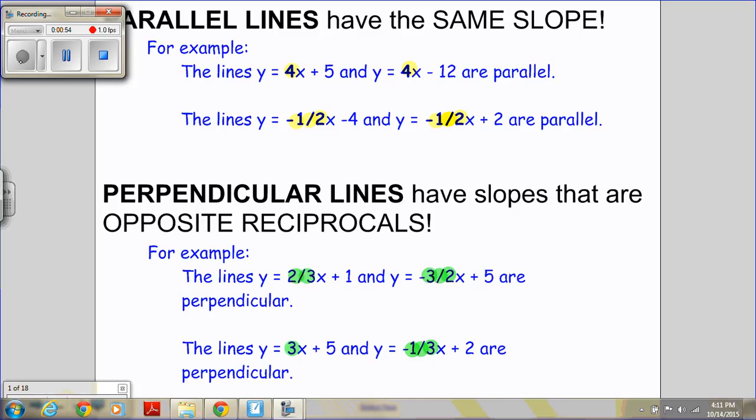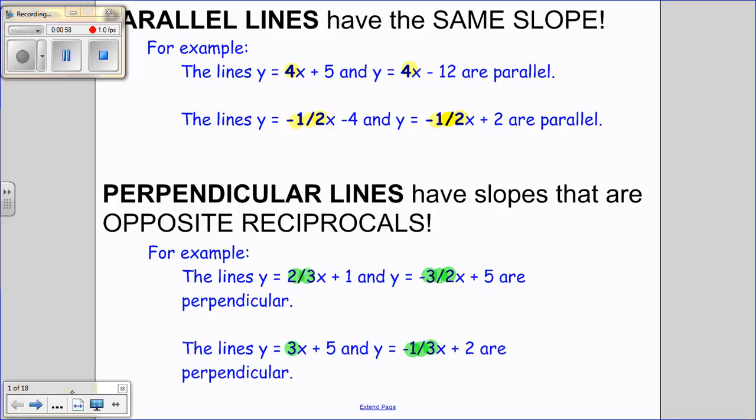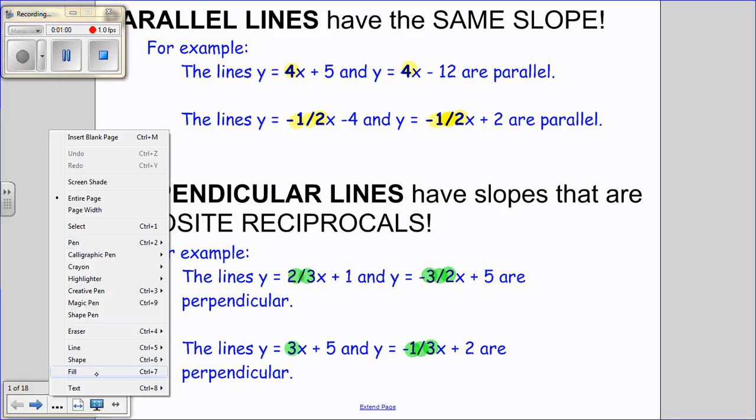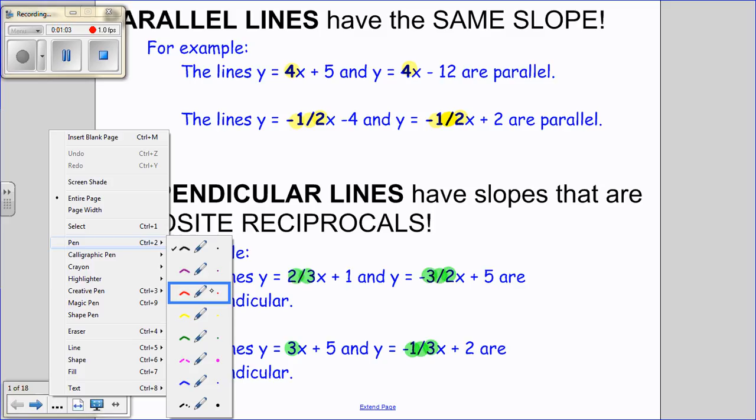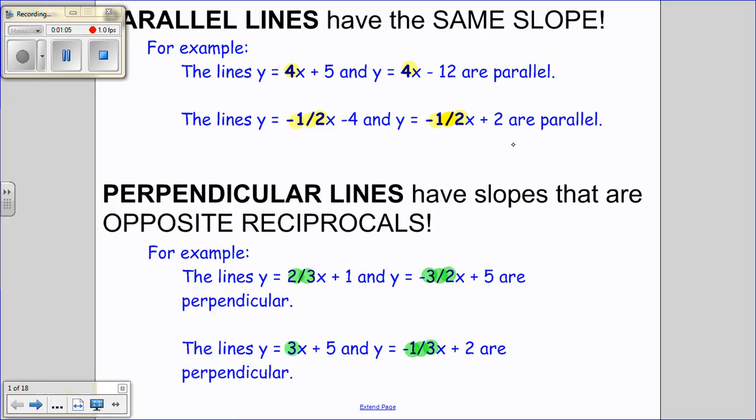Perpendicular lines, however, have slopes that are opposite reciprocals. Opposite reciprocal means change sign and flip.